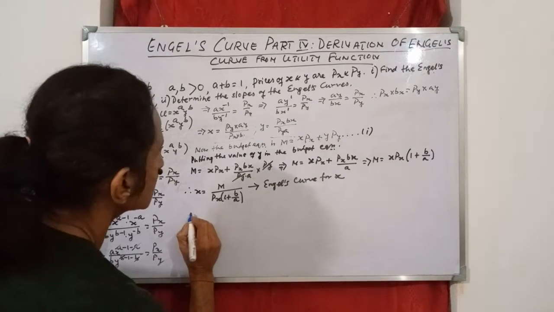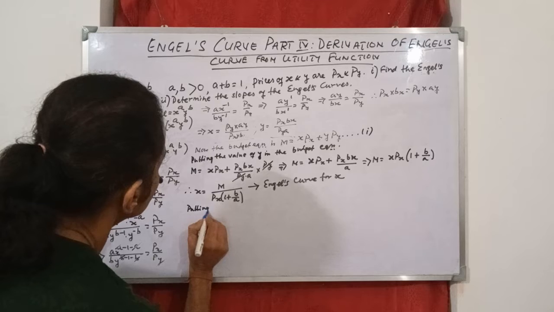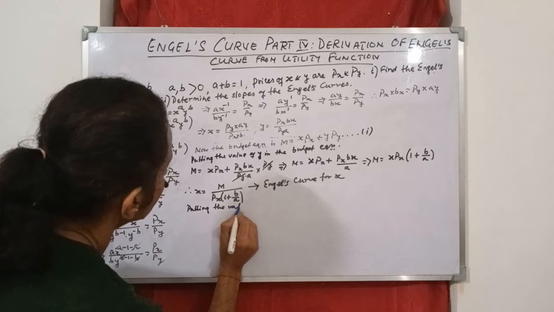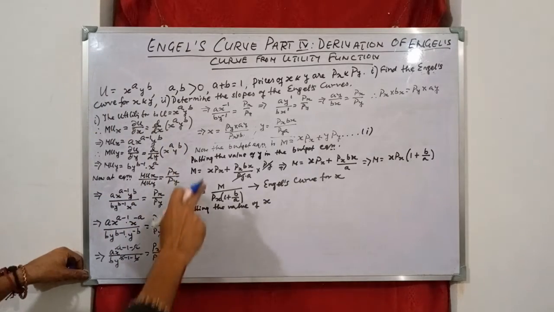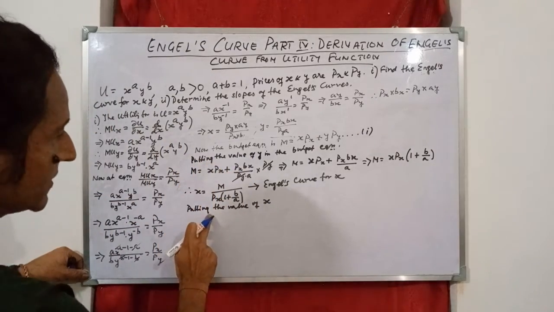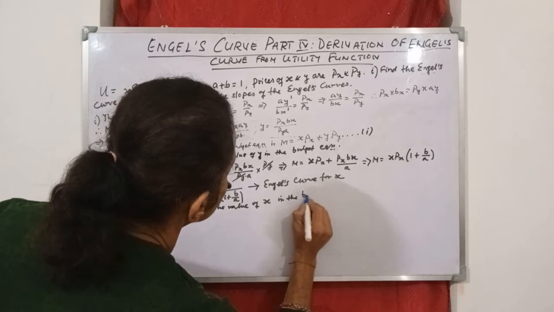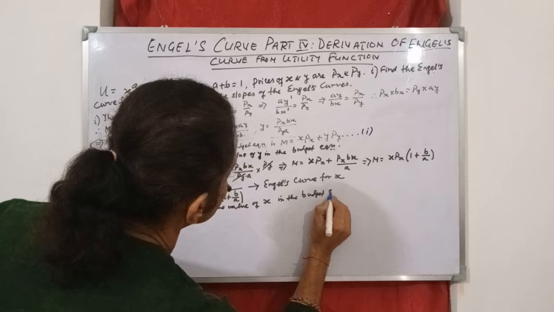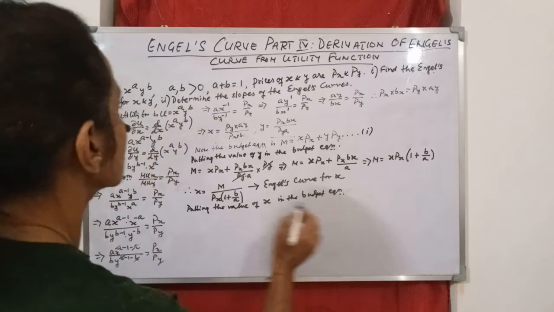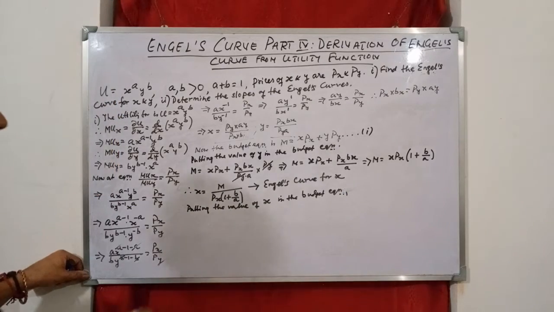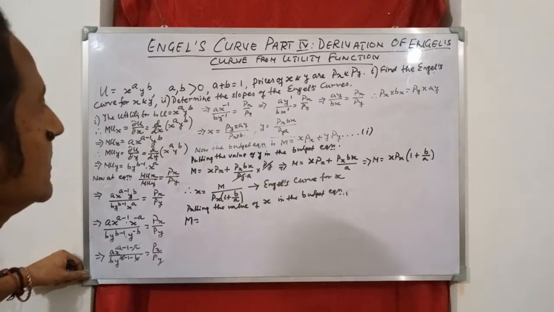Similarly, putting the value of x, here we have put the value of y, here we are putting the value of x in the budget equation. What do you get? M equals, we are putting the value of x now.